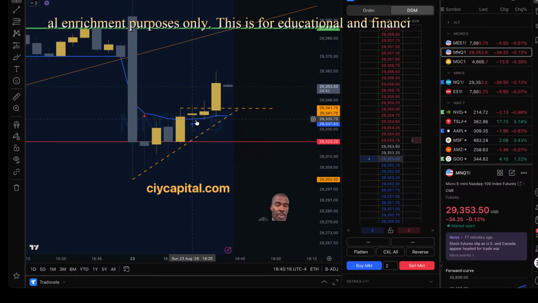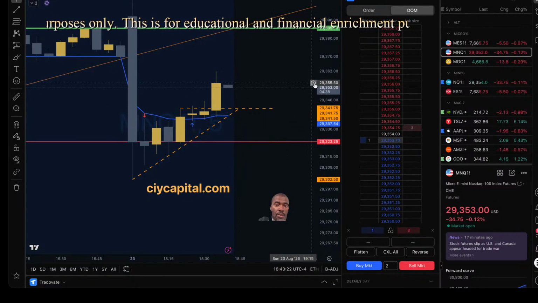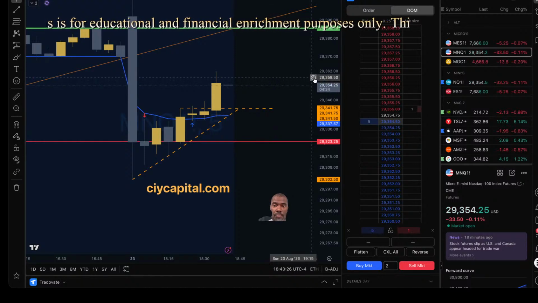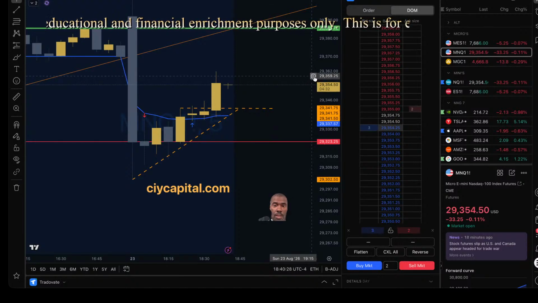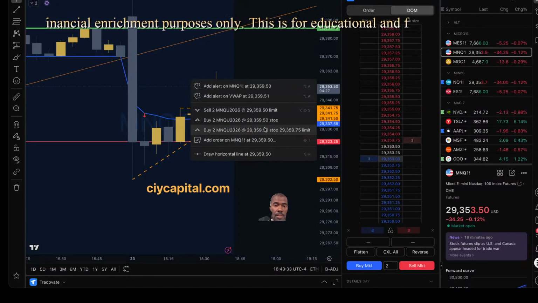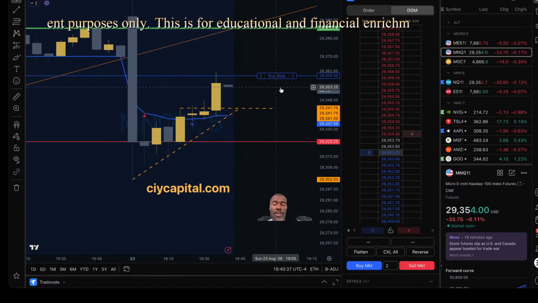We're up above the VWAP. So this should technically be a nice pullback to continue to the upside. So I'm going to look for, let's go ahead and do 360. So 359 is an entry.